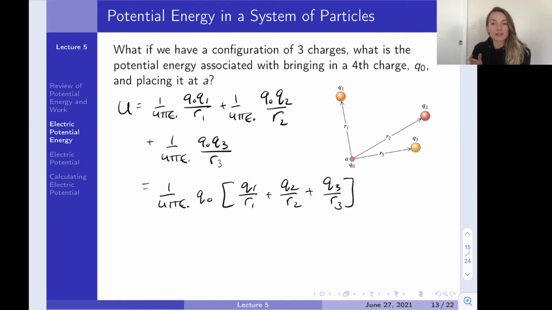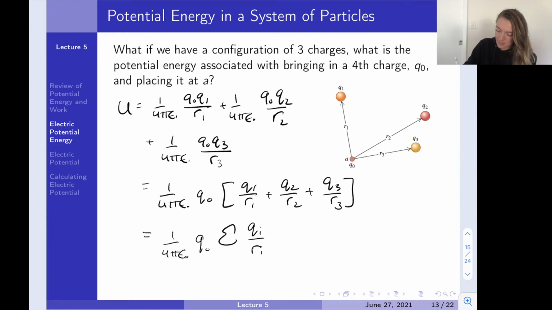And now I can write it in an even simpler way, as a sum: 1 over 4 pi epsilon naught, Q0, and then a sum like this. So I can rewrite my total potential energy associated with bringing this charge in as a sum over the existing charges.